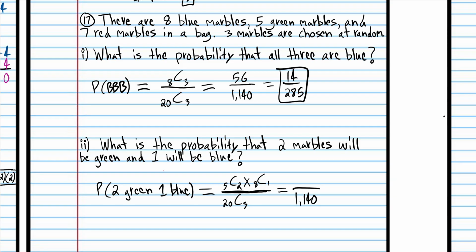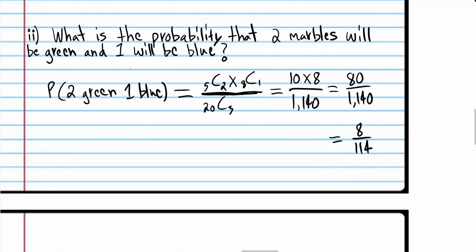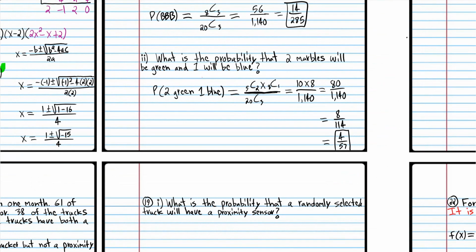You can enter that value into your calculator. 5 choose 2 is 10, and the number of ways you can choose one thing out of 8 is obviously 8. So we have 80 over 1,140, and that reduces to 8 over 114, and we can divide by 2 and we get 4 over 57. So if you got that right, excellent.